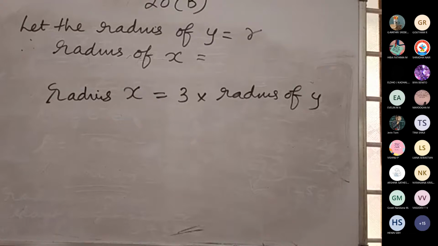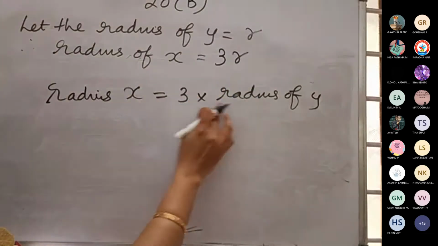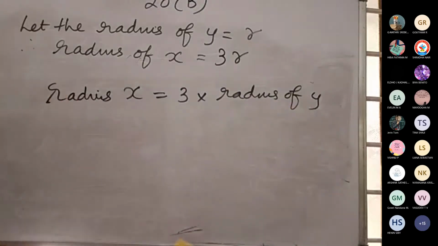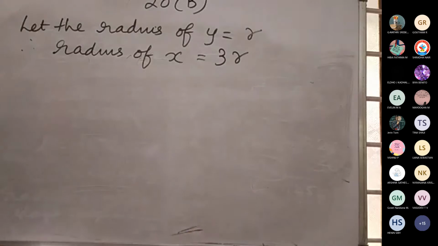If we assume the radius of Y as r, the radius of X is 3 into r, 3r. That is 3 times the radius of Y. Let the radius of Y be r. Therefore, the radius of X is equal to 3r.